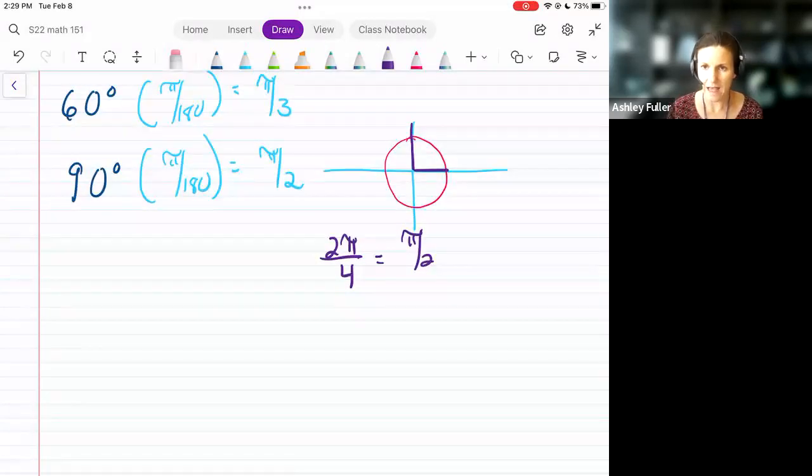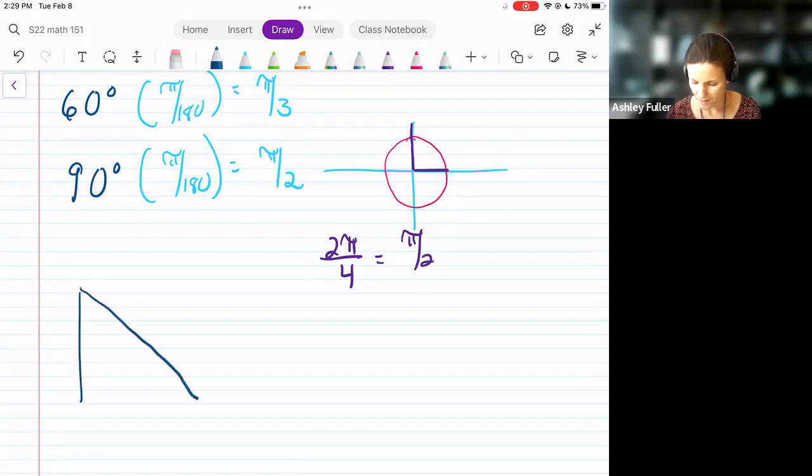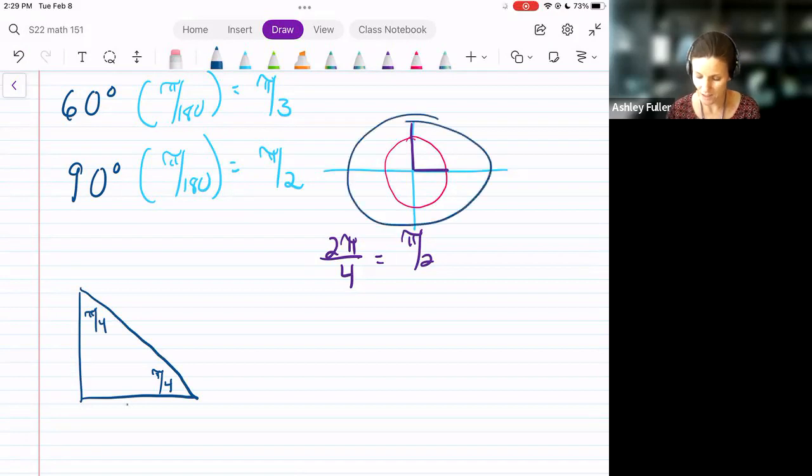These angles become very important in terms of triangle relationships that we're going to deal with shortly. So let's consider a triangle that has two 45-degree angles. Remember, 45-degree angles are going to be pi over 4 in radians. And in that unit circle, if we go back to this, remember each of these is going to be 1.